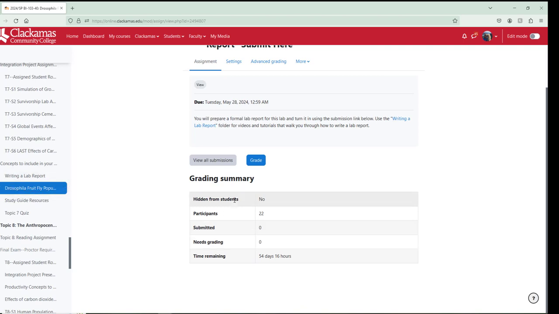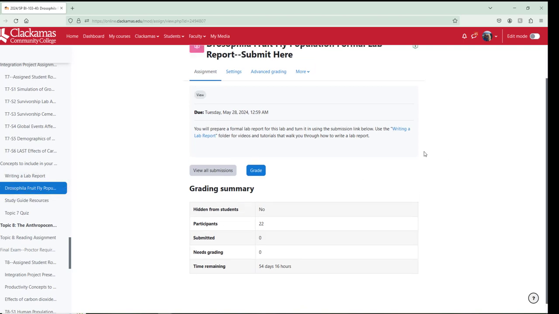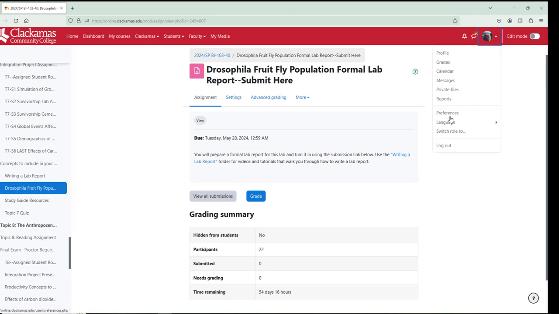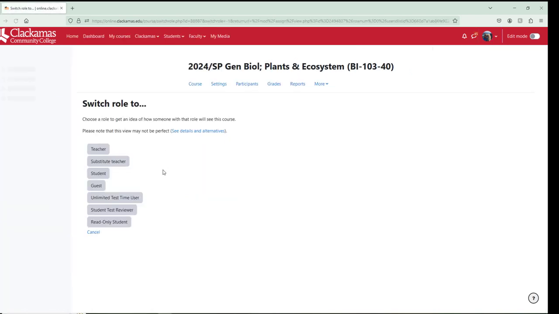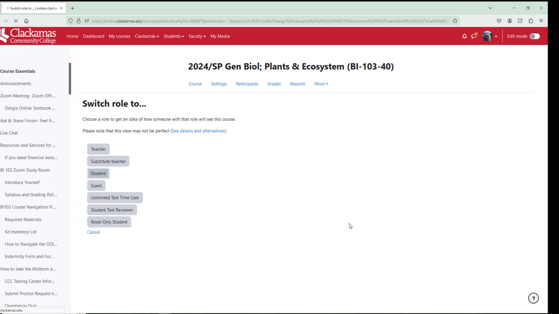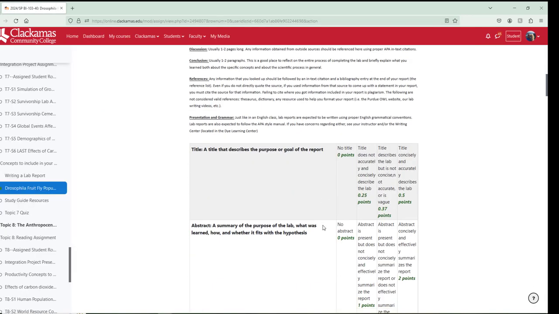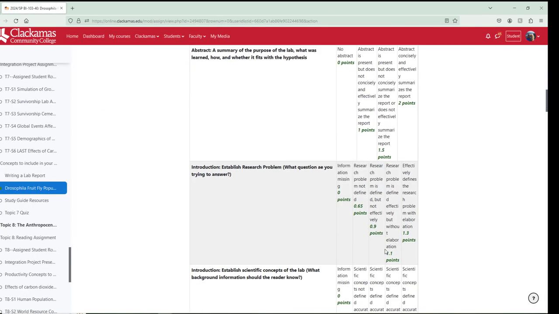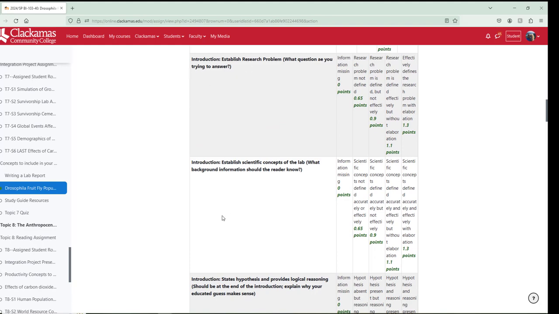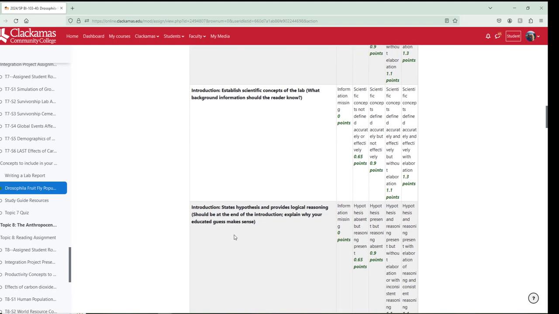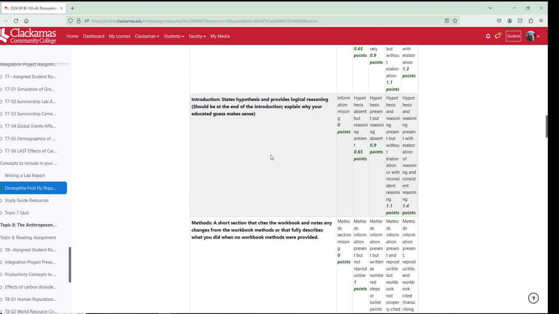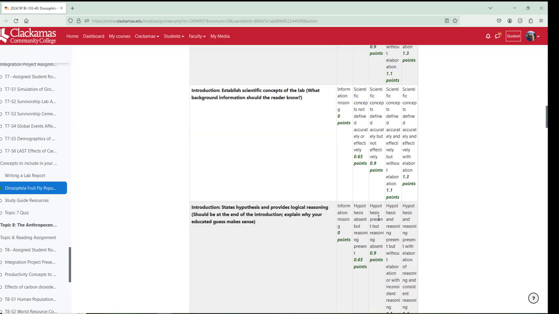Don't forget to actually grade it. Okay, so for some reason it went back to my teacher role, but if I go to my student role, it'll show you. So grade against the rubric. So that's why I kind of broke the introduction down into the different segments, because I have to grade it based on these different segments.